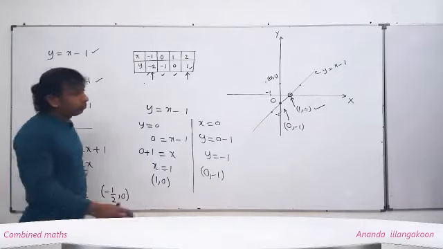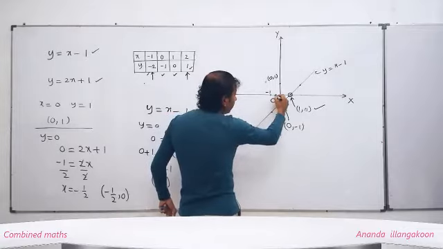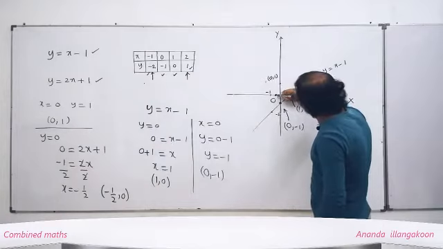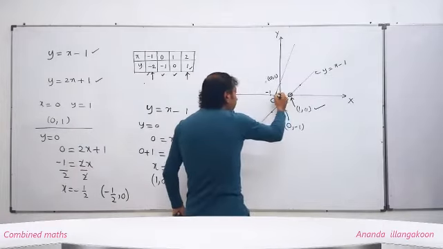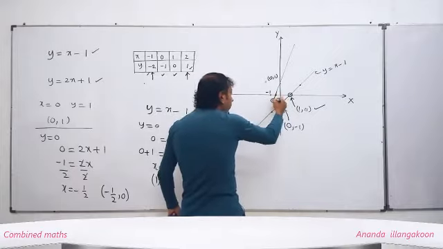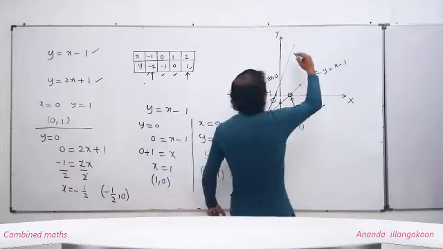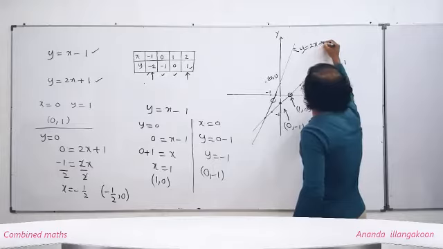Minus half means, people, x minus 1 is here, minus half is somewhere here. These are the 2 points. Then what we need to do is join these 2 points this way and produce it. All right. So then, people, this line is now what? This line is y equals 2x plus 1.